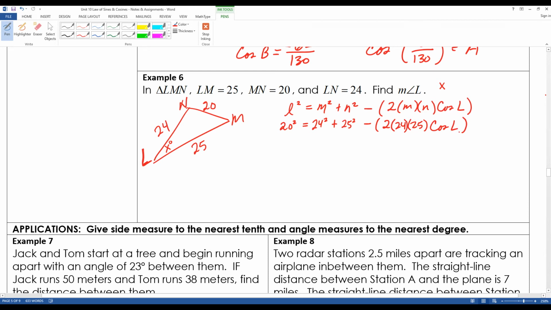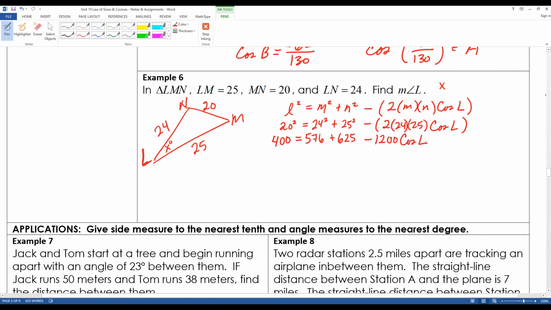Okay, calculator. 20 squared, that's 400. 24 squared, 576. 25 squared, 625. Minus, what's 2 times 24 times 25? That is 1200. 1200 times the cosine of L.